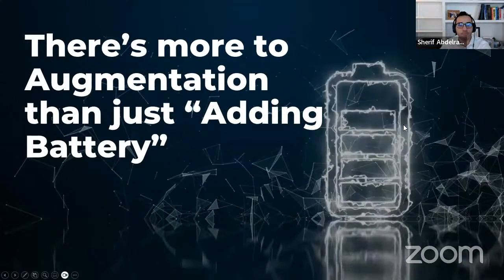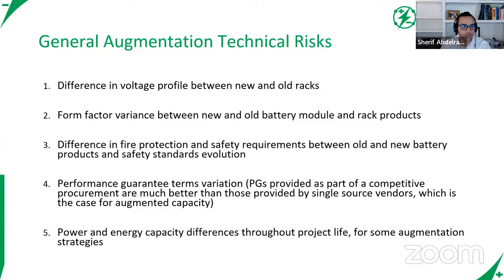All right, there's more to augmentation than just adding batteries. It's truly the case. These are some general risks that you have to consider when thinking about augmentation. First, the difference in voltage profiles between new batteries and old batteries.